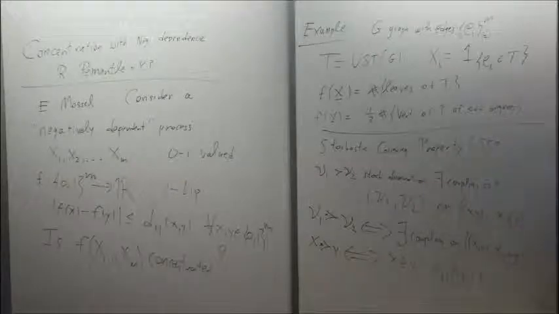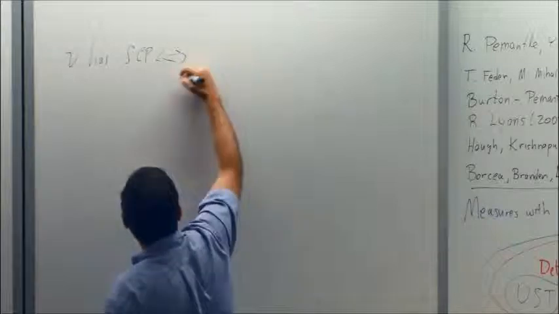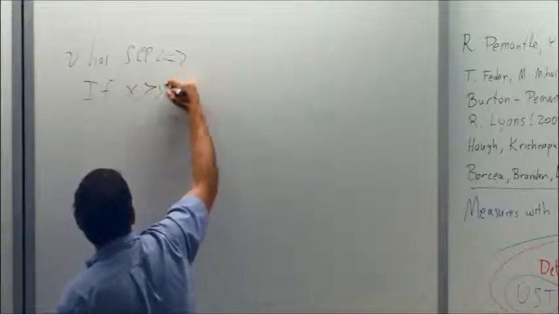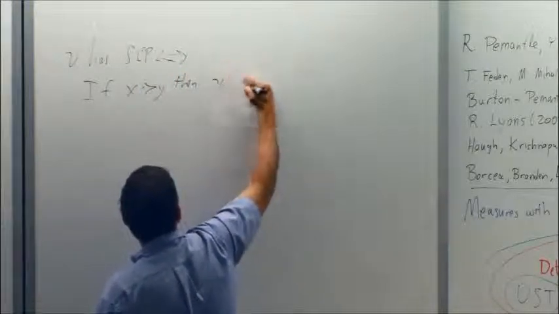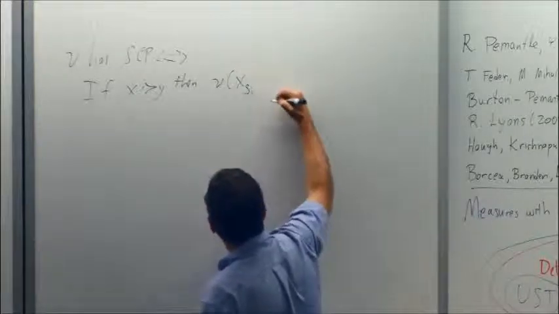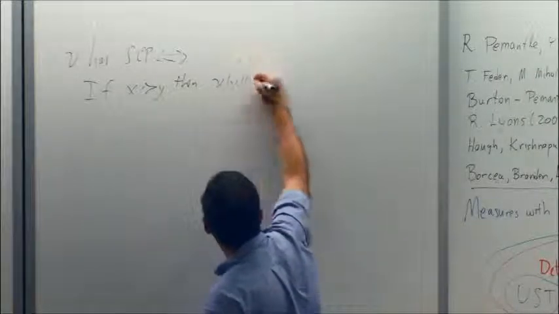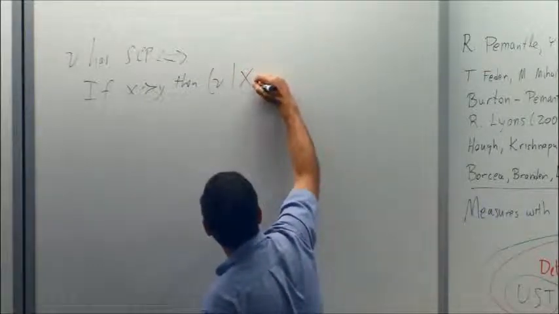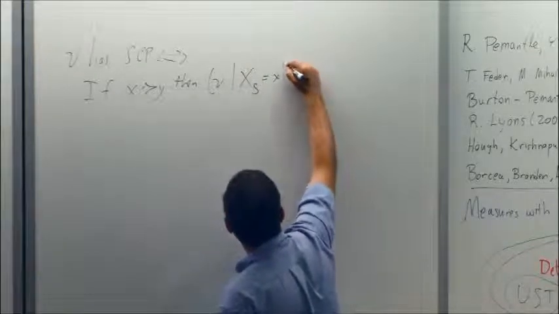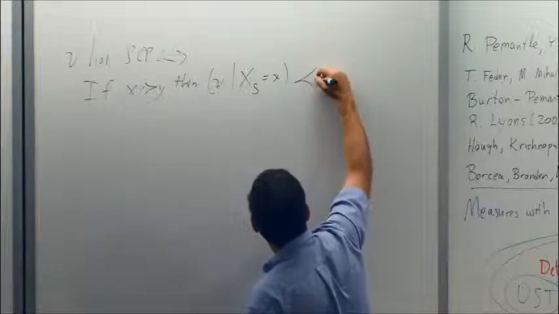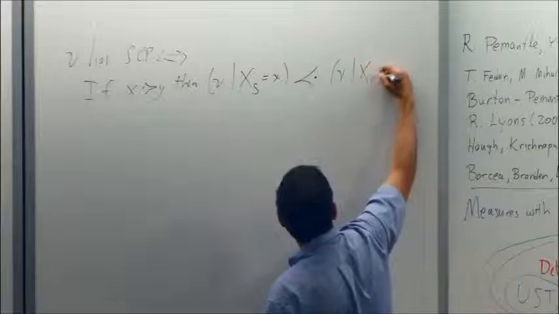Okay. And finally, nu has the SCP. A measure has the stochastic covering property, what it means is if x dominates y by 1, then if I take the measure and condition on some set S, I'll write it this way, nu conditioned on the variables on S to be equal to x, this should be dominated by 1 by nu conditioned on x sub S equals y.